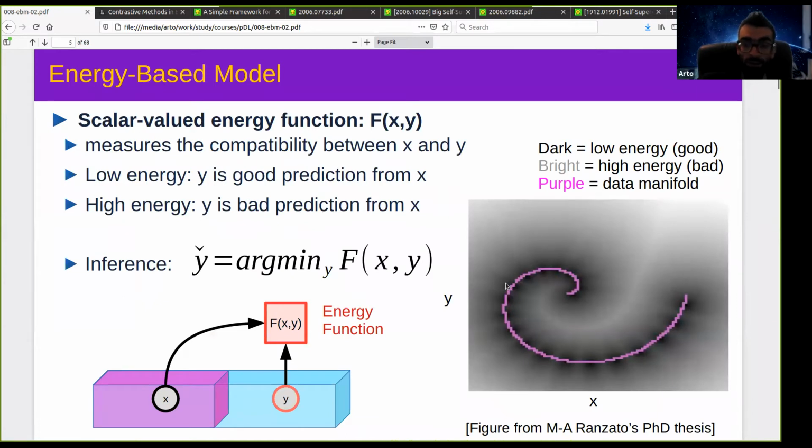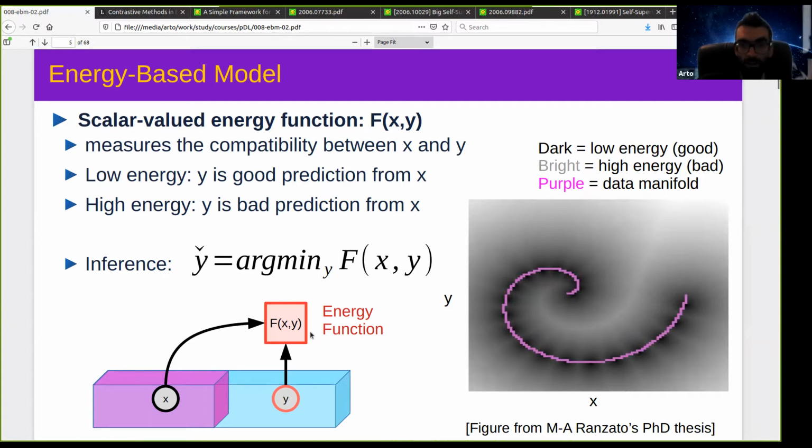And how do we do inference on these models? We basically want to minimize the free energy, this F of x, y, minimize with respect to y, right? And so this is the inference for energy-based models.